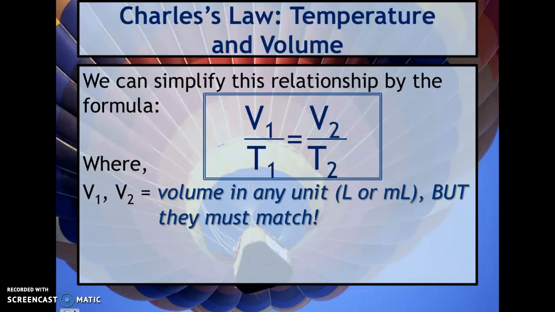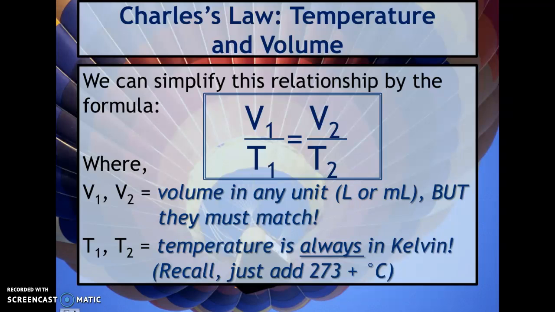We may have to do some conversion. T1 and T2 are temperature, which always has to be measured in Kelvin. Recall that to convert Celsius to Kelvin, you just add 273.